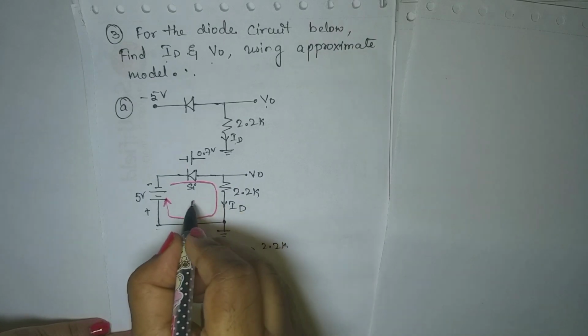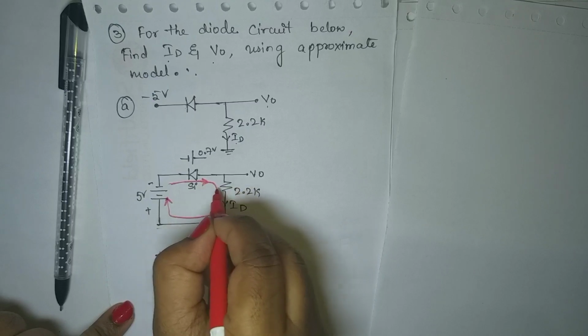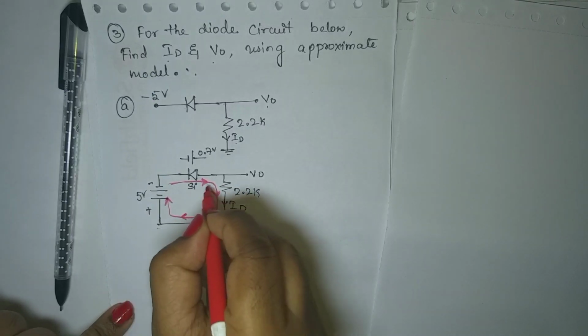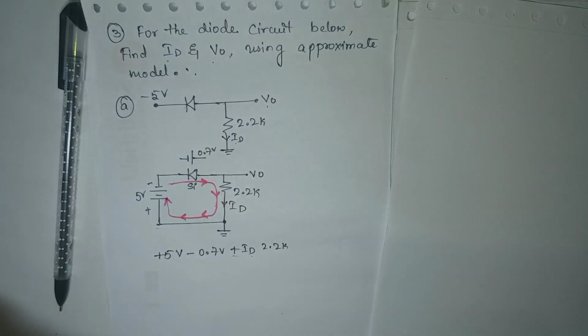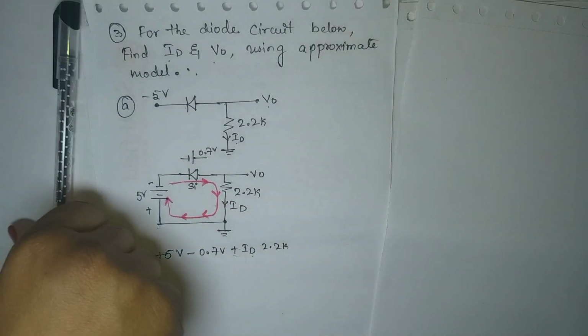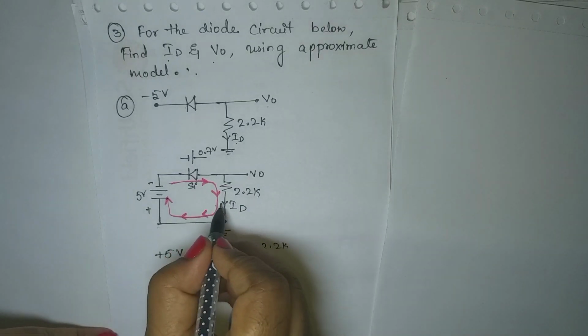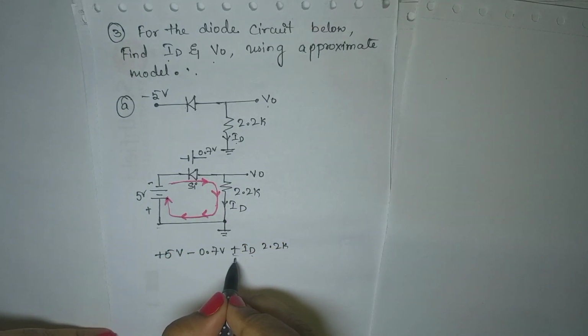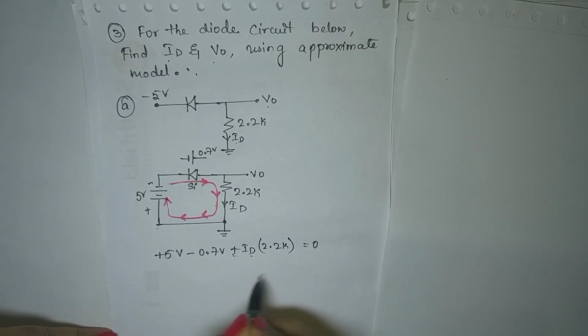Why is it plus? Because it is flowing in this direction, right? The red line and the black line, both arrowheads are in the same direction, so it is plus. If they are in the reverse direction, I should have taken minus. So plus ID into 2.2K is equal to 0.